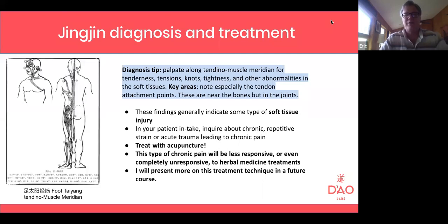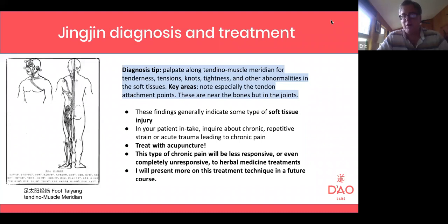If you find these kinds of tension and tightness, you're really finding indications of soft tissue injury. Then you want to corroborate that through your intake. You're going to want to ask your patients if they have some sort of chronic repetitive strain. For example, a lot of patients who have wrist pain from typing or playing a musical instrument often have a soft tissue injury that is not exactly in the wrist.